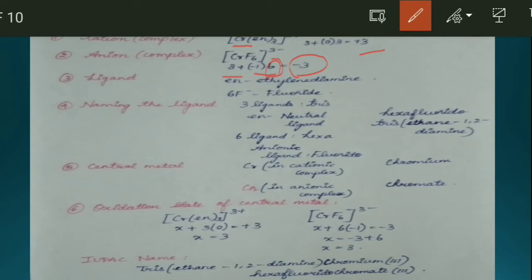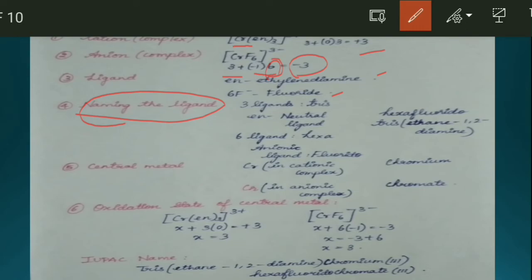Then the ligands, ethylene diamine and fluoride are the ligands. Next we have to name the ligands. Whichever we take first, ethylene diamine or fluoride, that is not a problem. Naming is the problem. First we are going to take ethylene diamine.